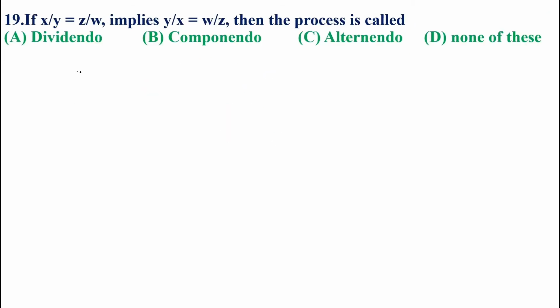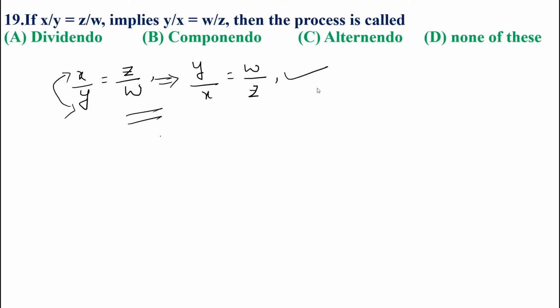They have given x by y is equal to z by w, and y by x is equal to w by z. Which property does it belong to?